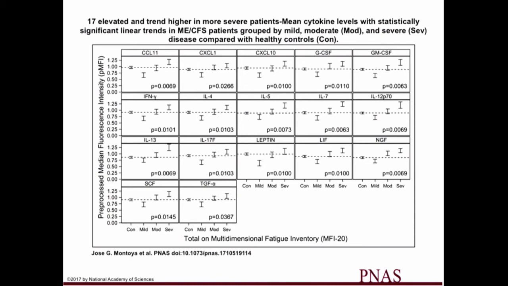And what you can see in every case is a progression from mild, having lower levels, to medium, higher, and then severe, even higher than that. So this really says that there's a lot of inflammation going on. And inflammation takes various forms and means various things, some of which I think we're still understanding. But this is definitely an indicator of some kind of systemic inflammation, and that this is typically coming from the innate immune system.